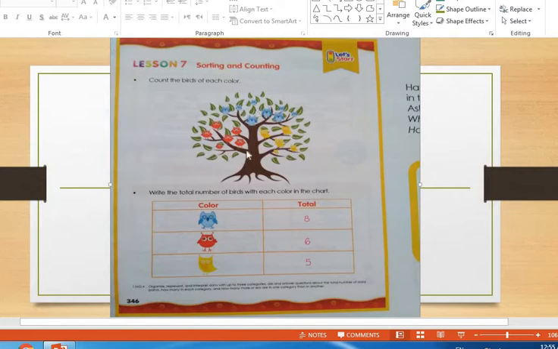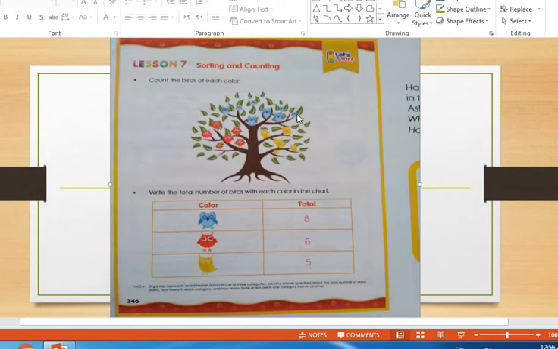Let's count the red birds. 1, 2, 3, 4, 5, and 6. So how many red birds do I have? 6 birds. How many blue birds? Let's count together. 1, 2, 3, 4, 5, 6, 7, and 8.